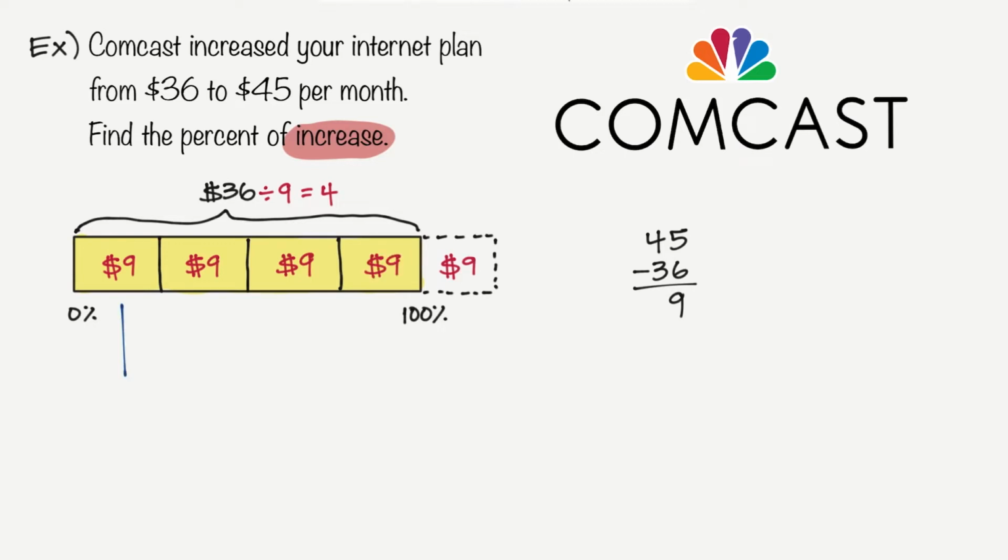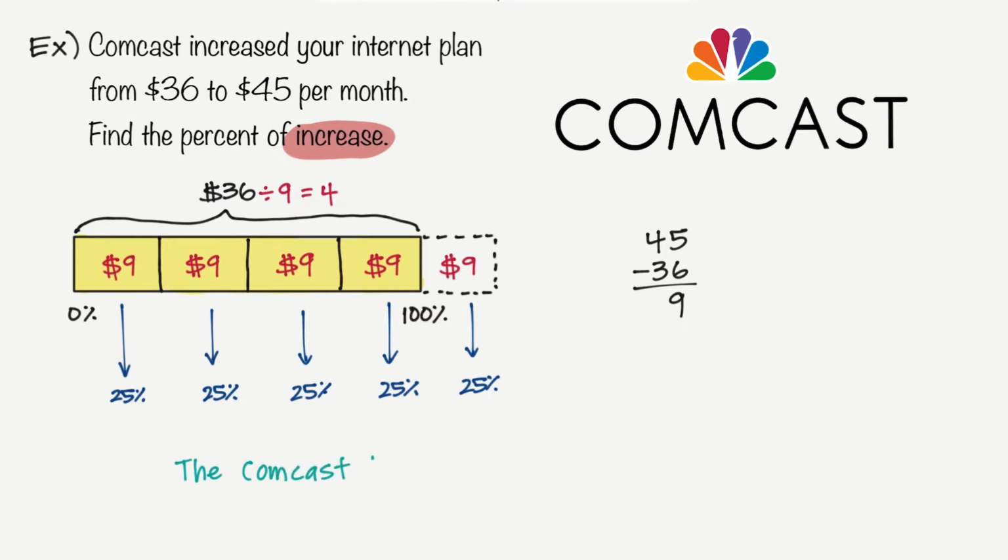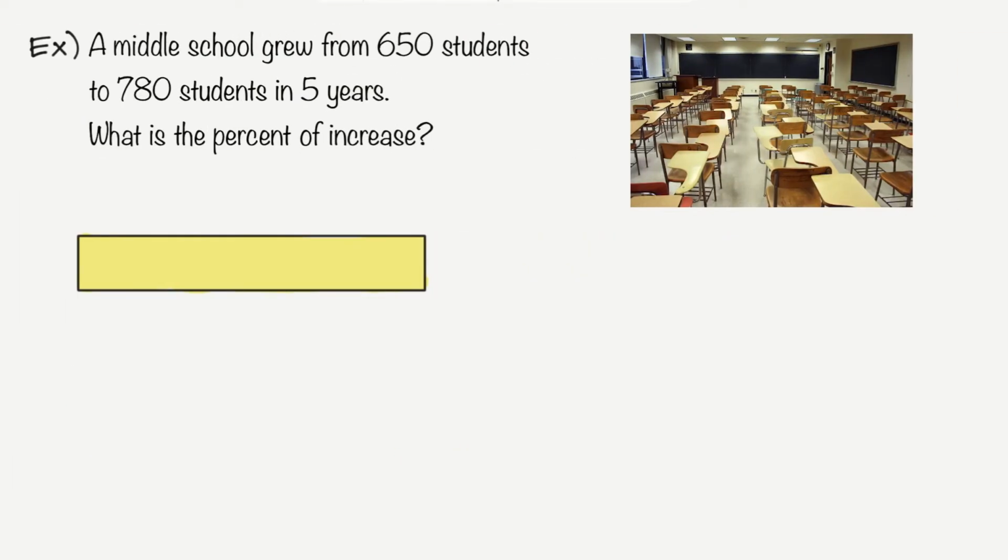So those 4 yellow sections are each 25% of my bill. So $9 represents 25%, which means that that extra amount is also another 25% extra. So in this example, I could say that the Comcast bill that I have to pay is now going to be increased by 25%.